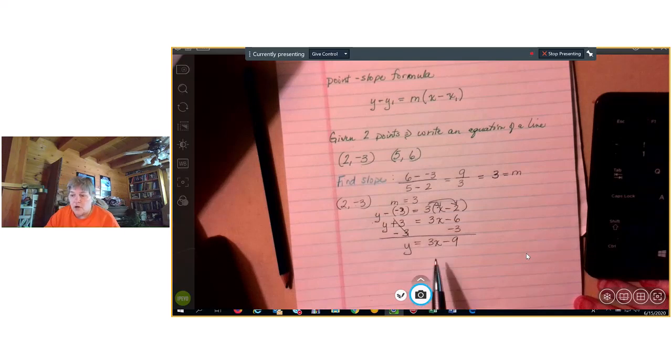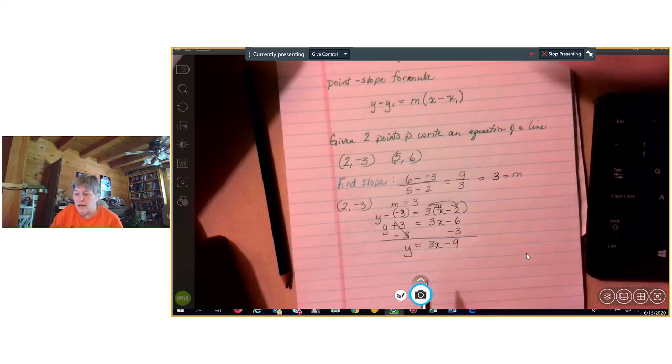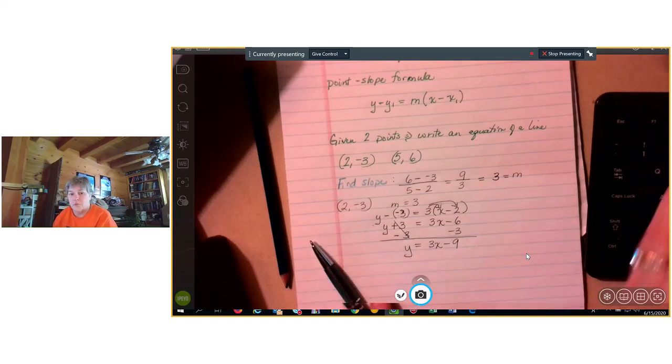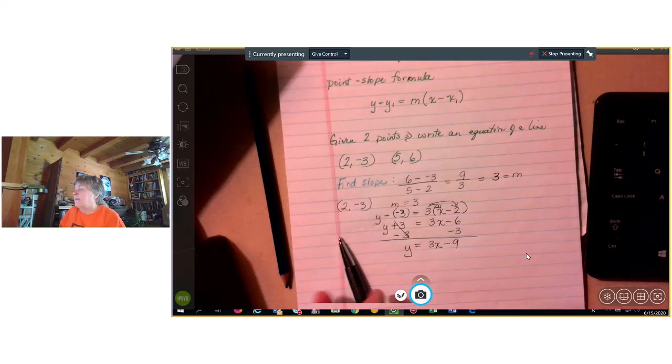So don't get real freaked out when it's asking you to do stuff. If you have to do multiple steps, that's fine. Just take it one step at a time as you're going through. Any questions about that?